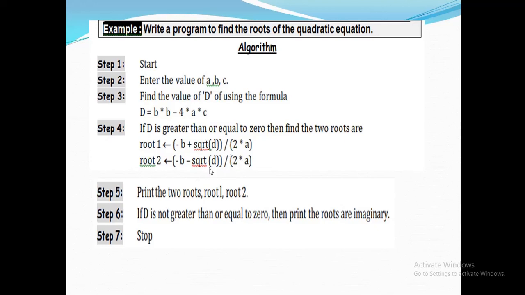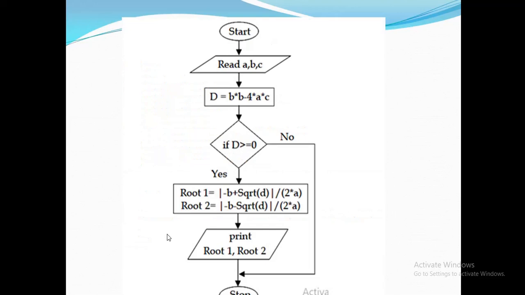Then print the two roots, root 1 and root 2. If d is not greater than or equal to 0, then print the roots are imaginary. Then step 7 represents the end of the flowchart.